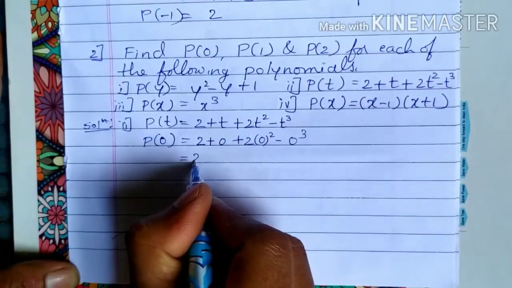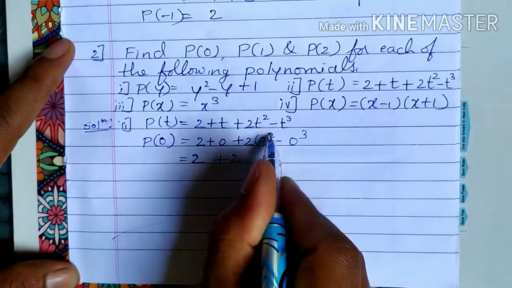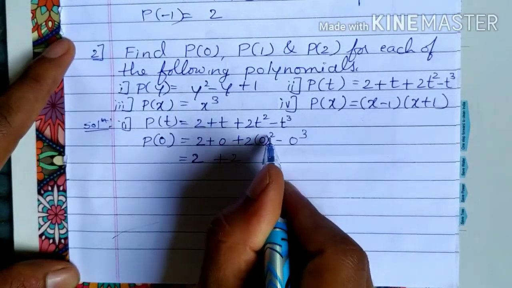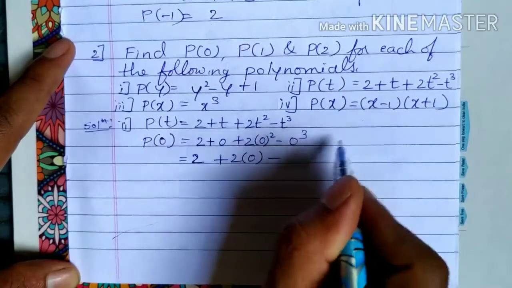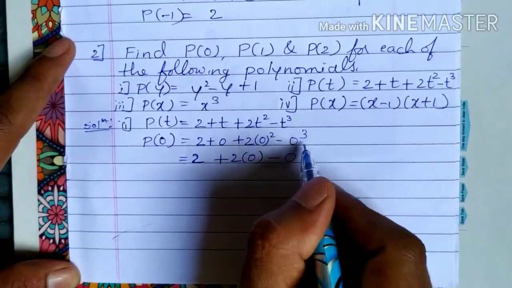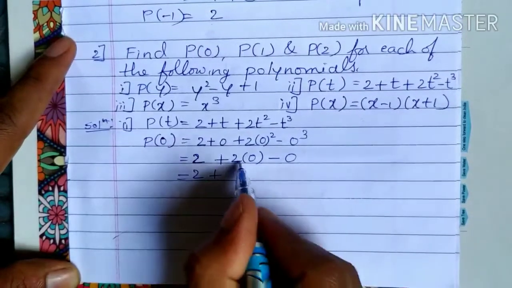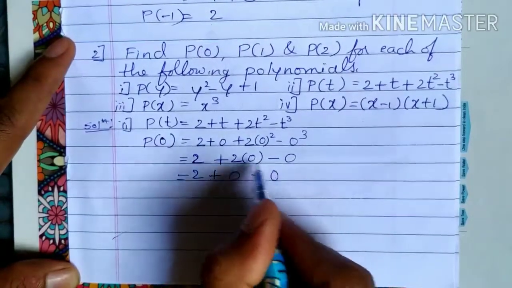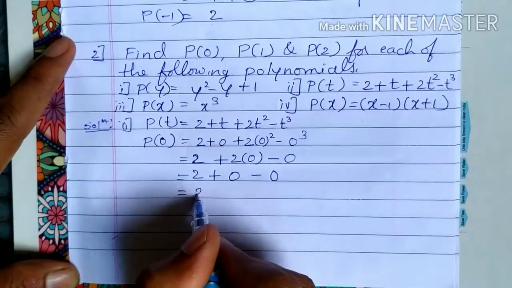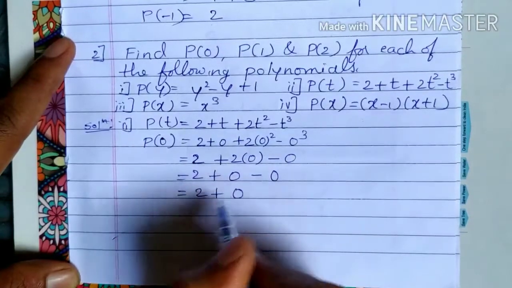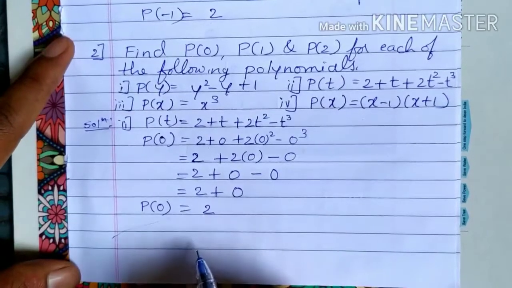Keep 2 as it is, simplify the others. 0 square means 0 into 0, that is 0, minus 0 cube, 0 into 0 into 0. If you multiply any number by 0 any number of times, the answer is always 0. So 2 plus 2 into 0 is 0, minus 0 as it is. 0 into anything is 0. So now 2 plus 0 minus 0 is 2. So p of 0 is equal to 2.